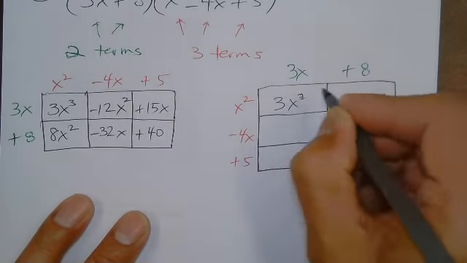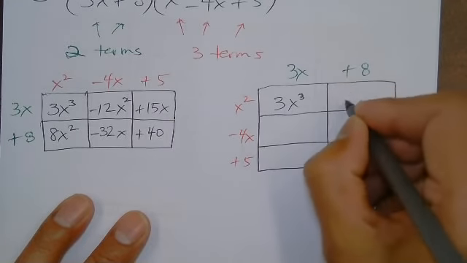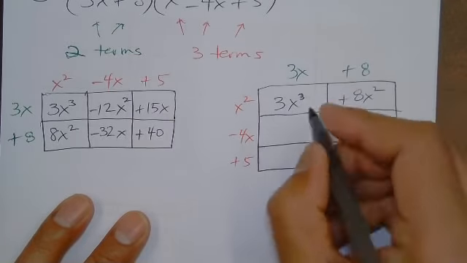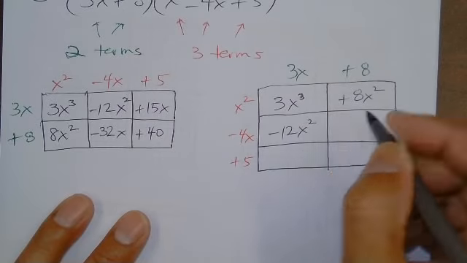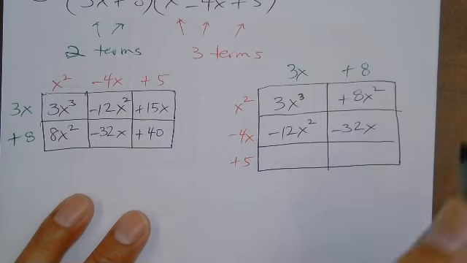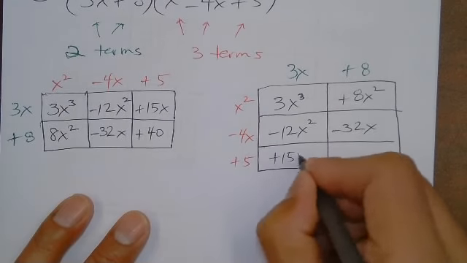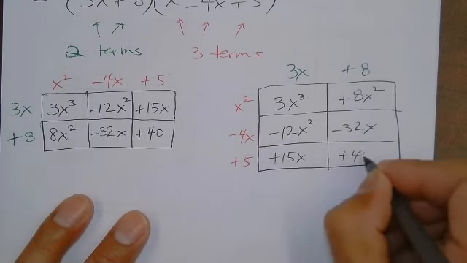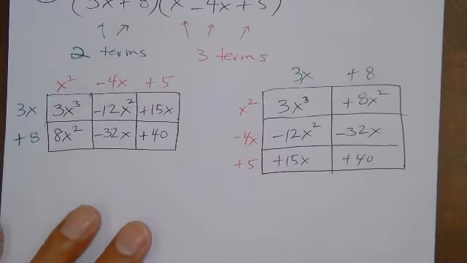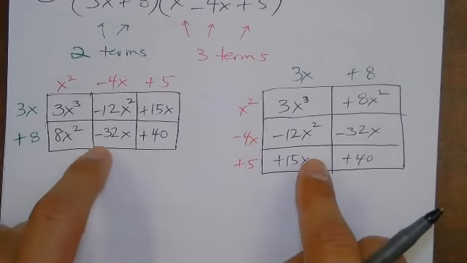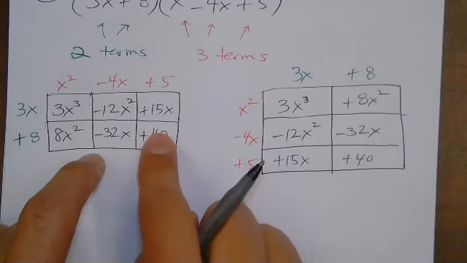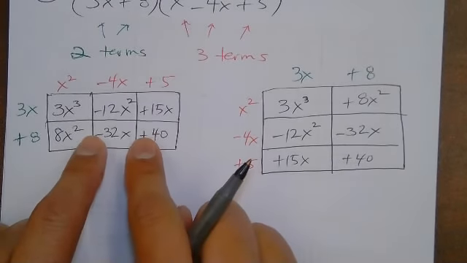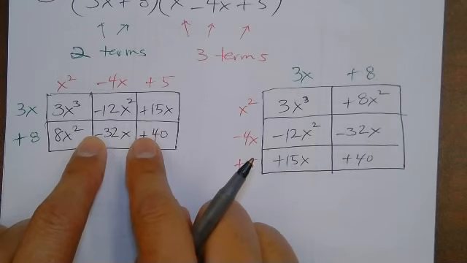This will be 3x cubed, plus 8x squared, minus 12x squared, minus 32x, plus 15x, plus 40. Does everybody see we actually have the same terms as we have on this one? Yeah, we do.